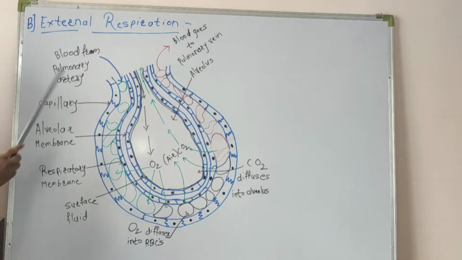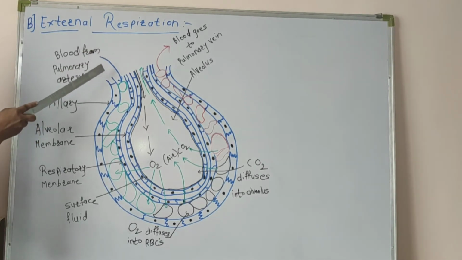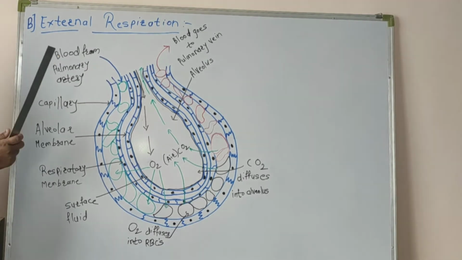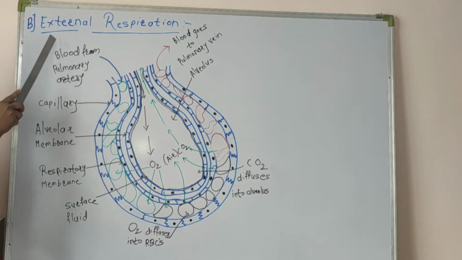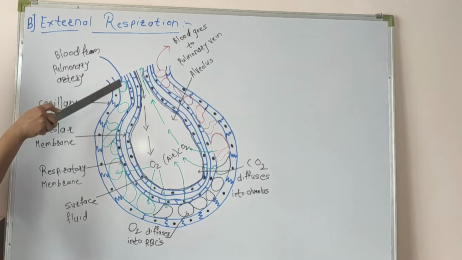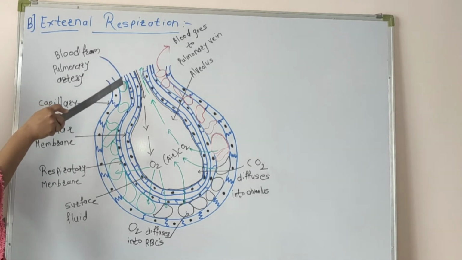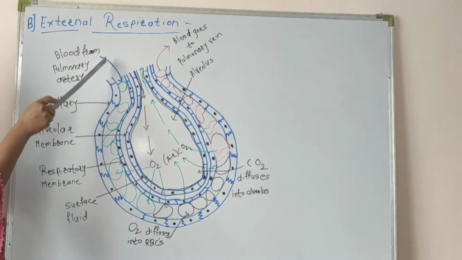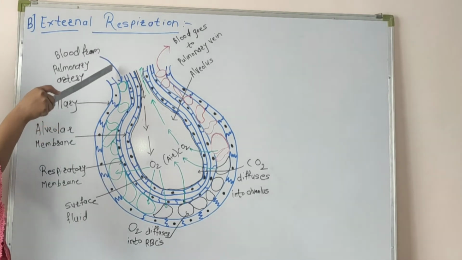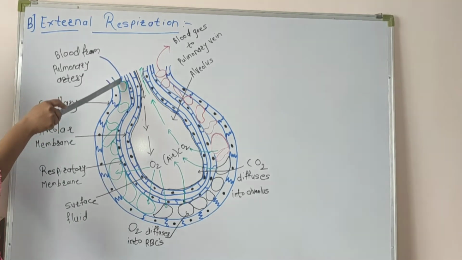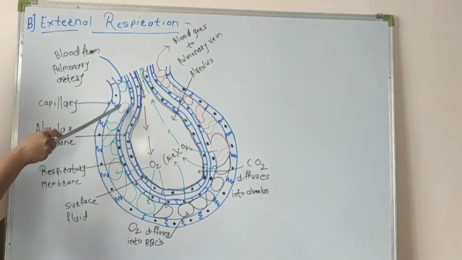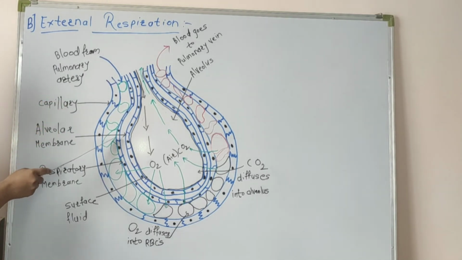Basically when air enters our lungs, the air enters the pulmonary artery via blood. That means this air will enter the lungs, and from the lungs oxygen will enter this blood.